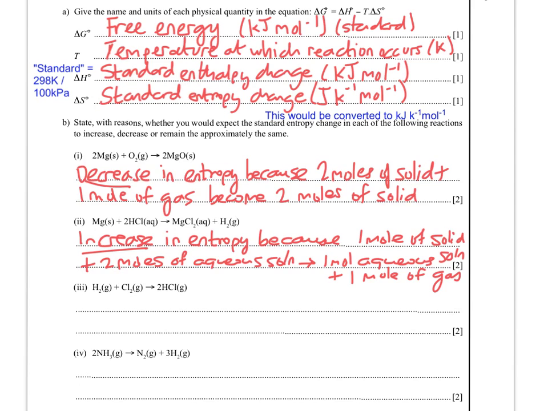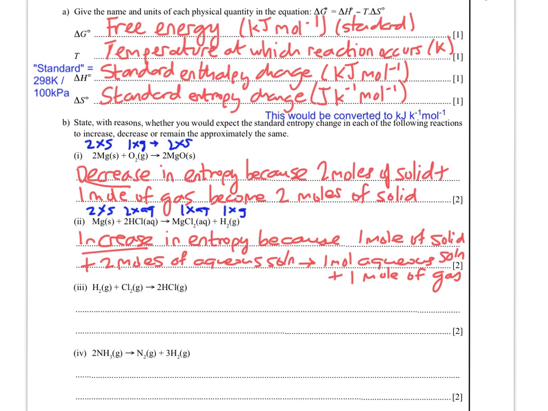So looking at the first two examples in part B, in the first instance you've got 2 moles of solid and 1 mole of gas becoming 2 moles of solid, so it's a decrease in entropy. In the second one, you've got 2 moles of solid and 2 moles of aqueous becoming 1 mole of aqueous and 1 mole of gas.